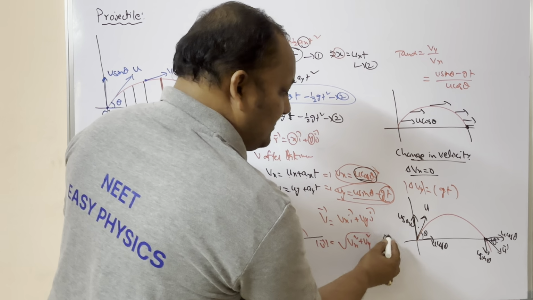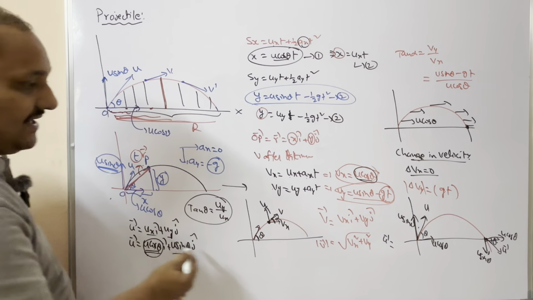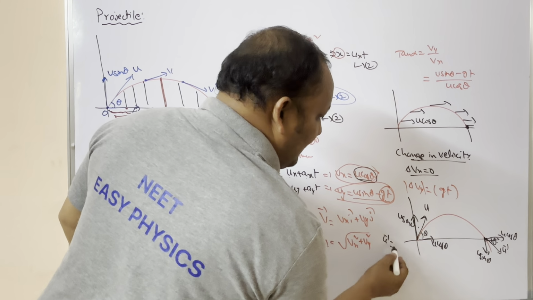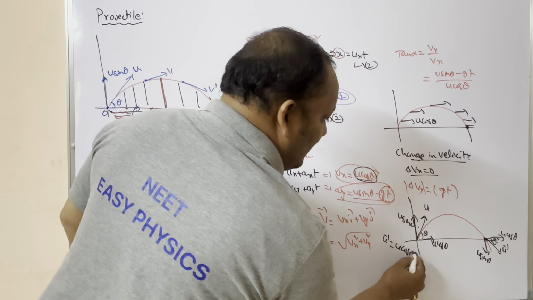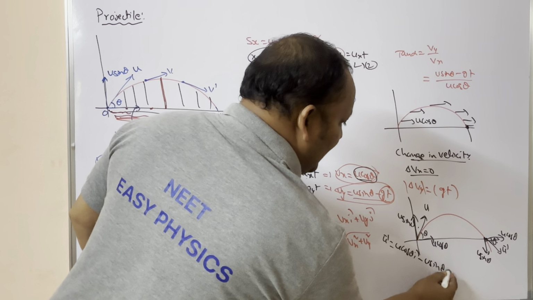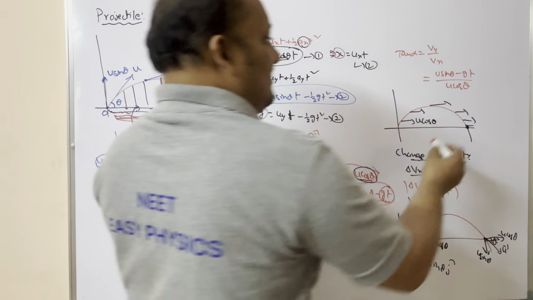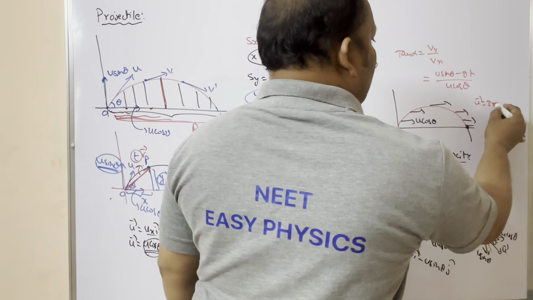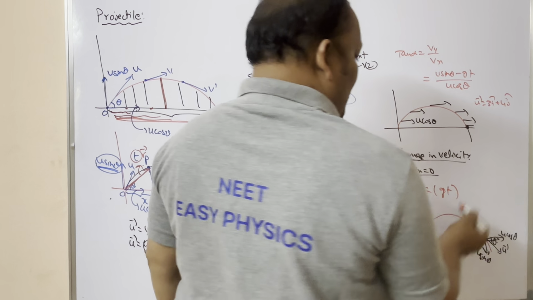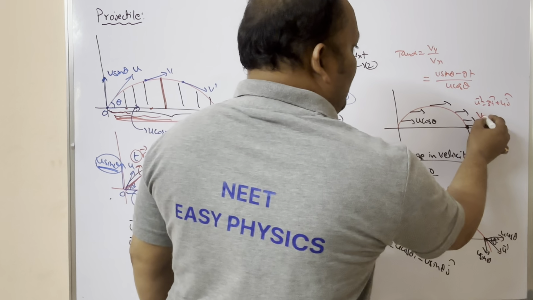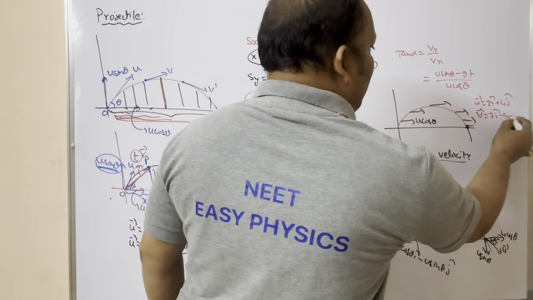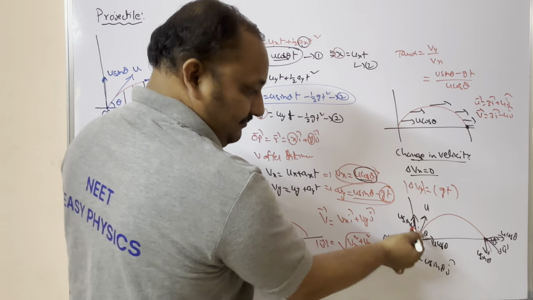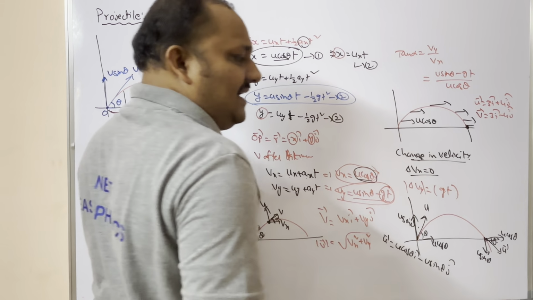Therefore, final velocity after reaching the ground is u cos theta i cap minus u sin theta j cap. How they will ask the question: initial velocity 3i cap plus 4j cap. What is the final velocity after reaching the ground? That is going to be 3i cap minus 4j cap. The y component is going to be reversed.